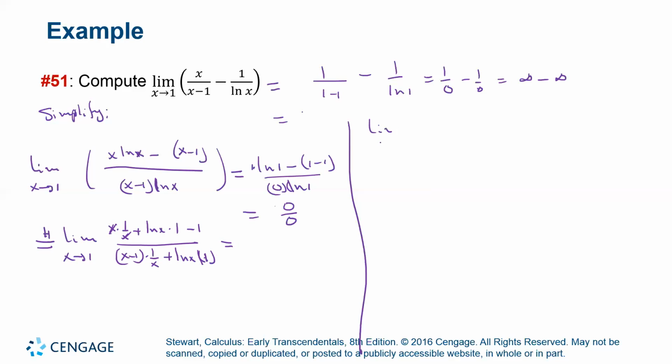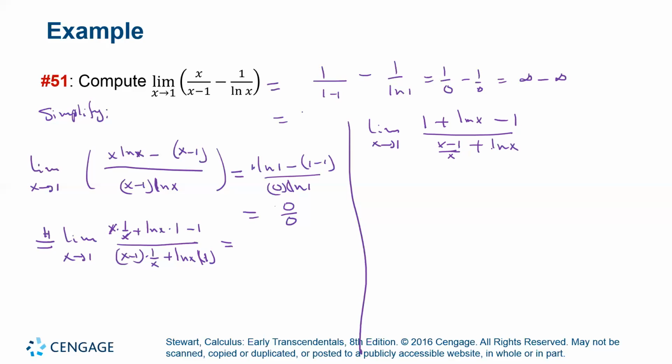Now the limit as x goes to 1. The numerator will just be what? 1 plus natural log of x, minus 1, divided by what we have there, x minus 1, all divided by x, then plus what?